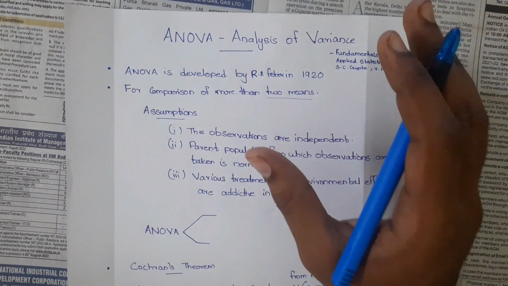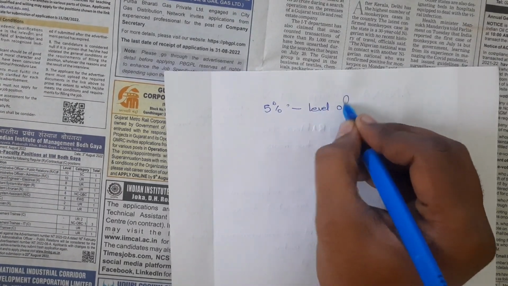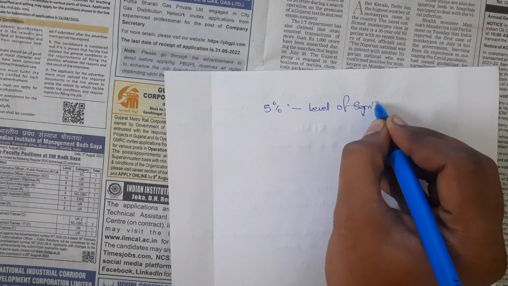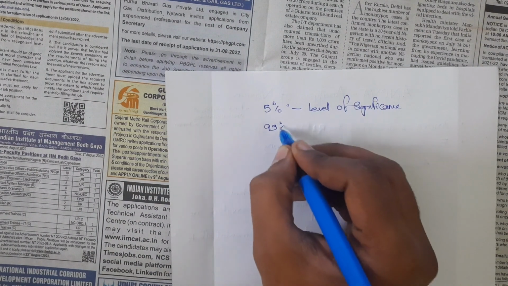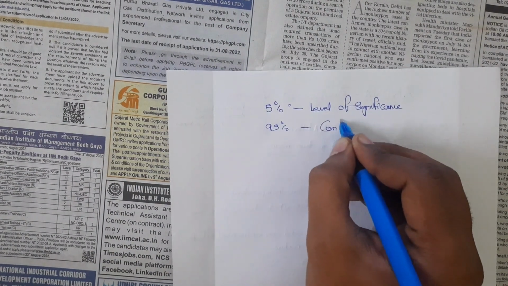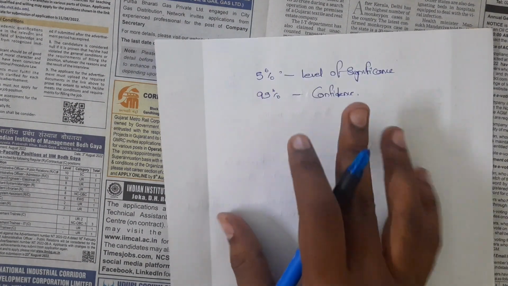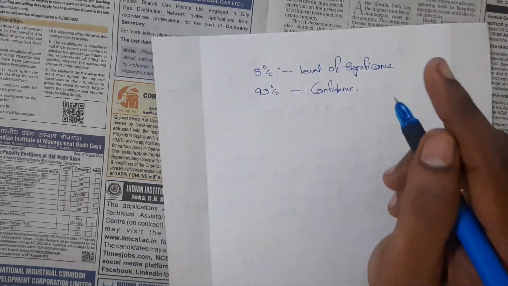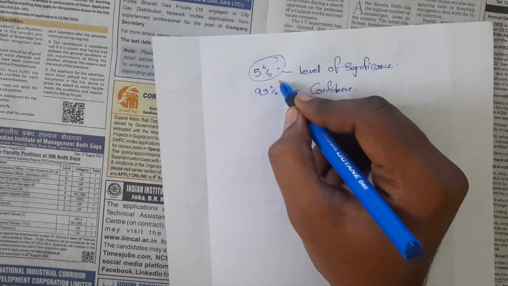For example, we take a 5% level of significance. We have 95% confidence. For each test, there will be a type 1 error with a probability of 5%.